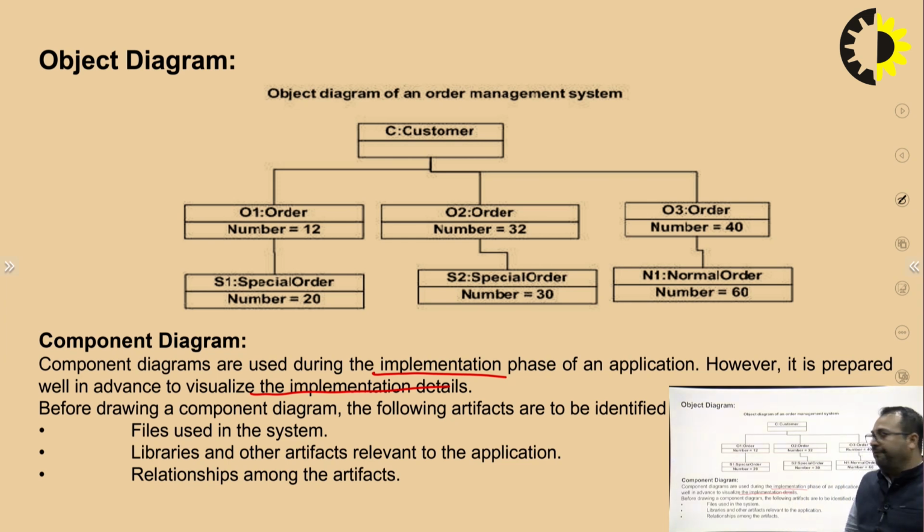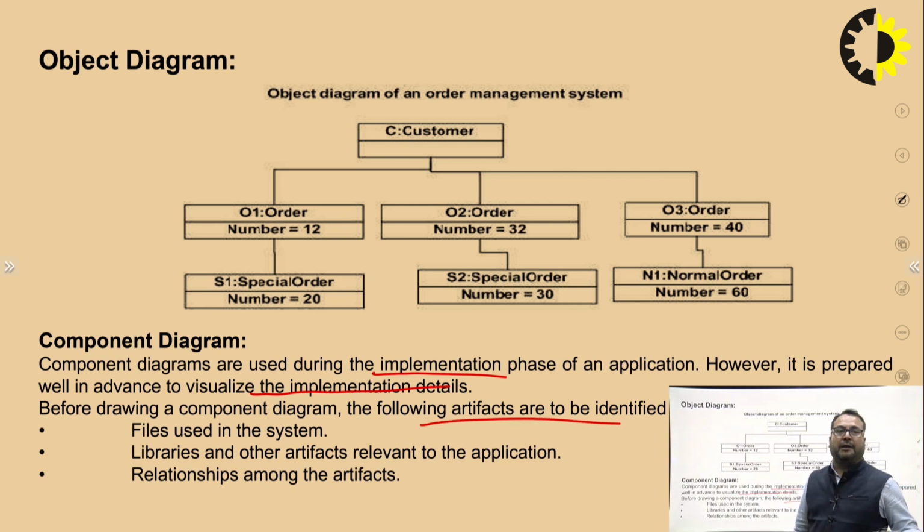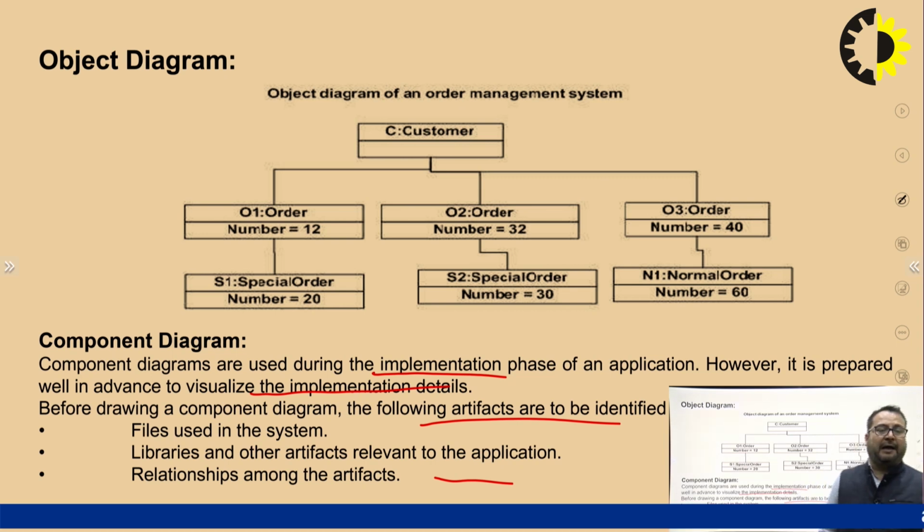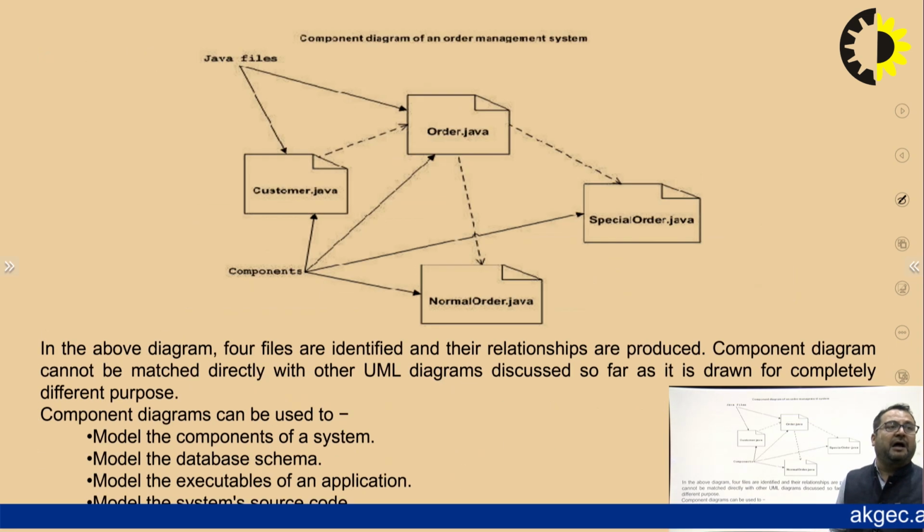Before drawing a component diagram, these artifacts are identified clearly: what files are used in the system, how many types of files, how many library routines, and all the artifacts relevant to that application. We must identify them before making the component diagram, and also the relations among the artifacts.